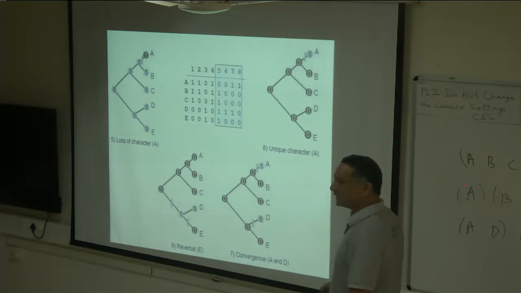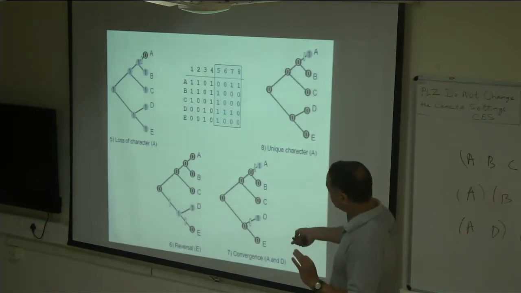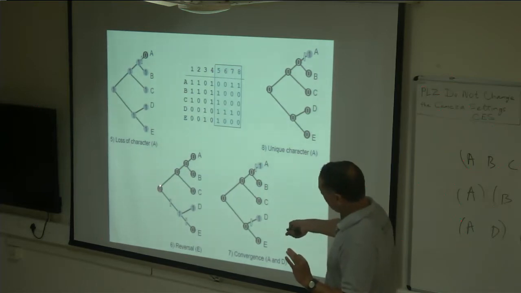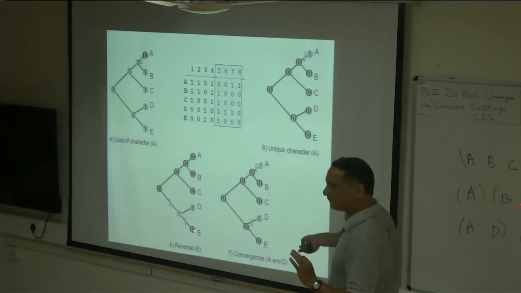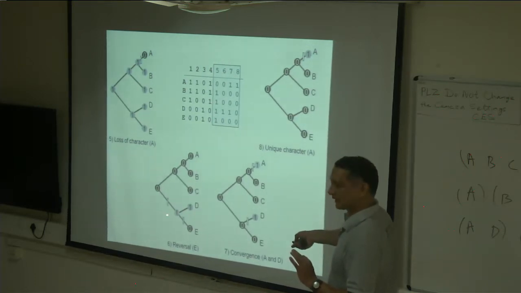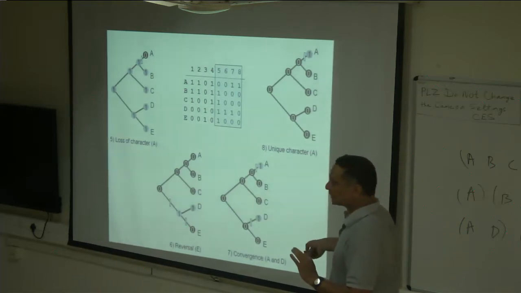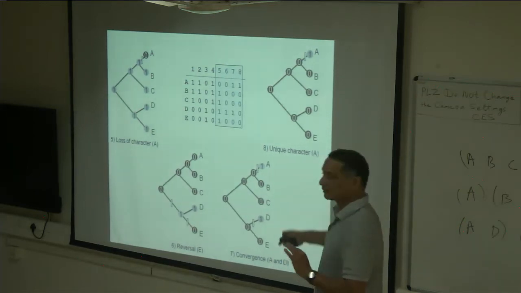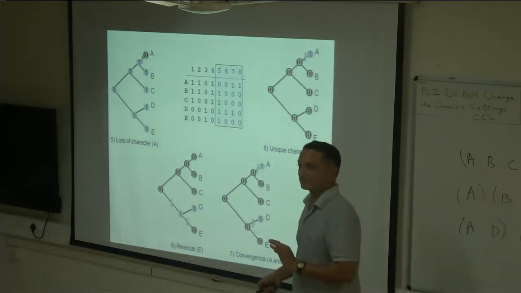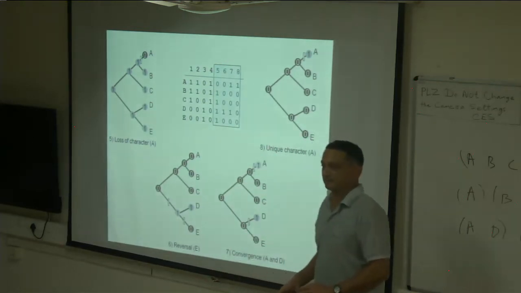So what I have shown here is a possible scenario where the character was absent in the common ancestor, was gained on the lineage leading to D and E, so it was present in the common ancestor of D and E, and then it was lost again on the lineage leading to E. So the character state in E reverted back to the ancestral state. Okay? And that's why we call it reversal.